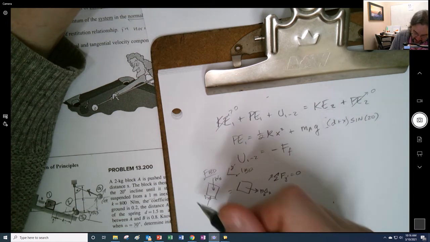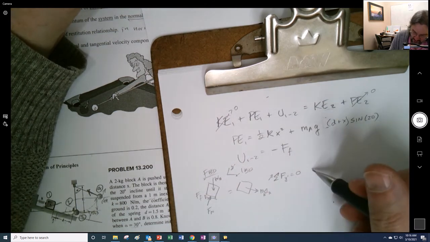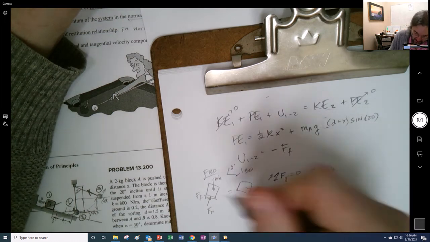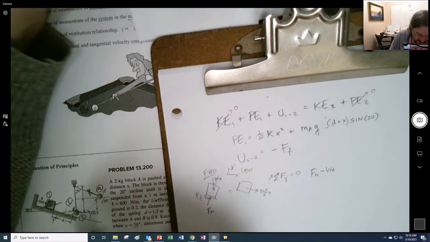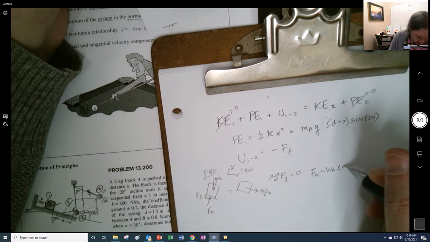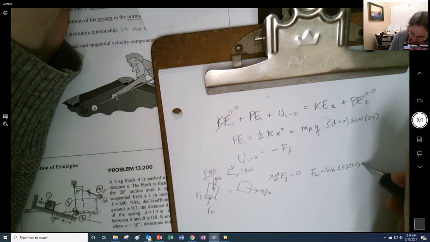So we find that Fn minus WA times, and this is the angle, that's the 20 degrees right there, cosine of 20 degrees, right? It's equal to 0.